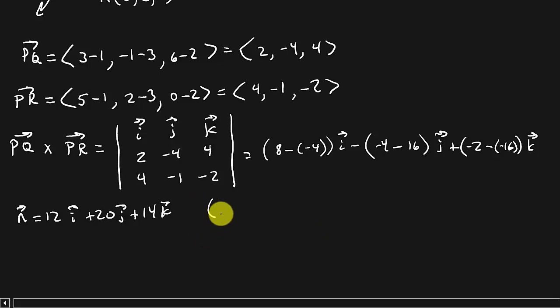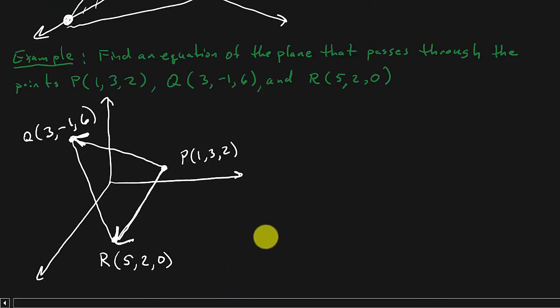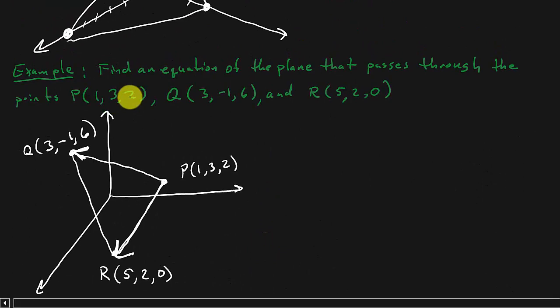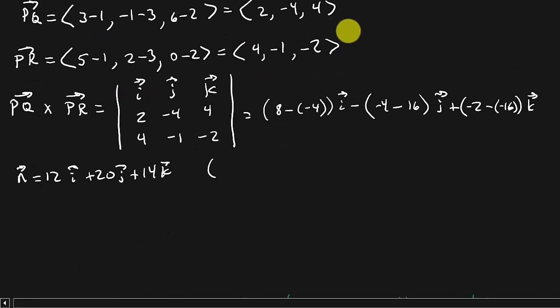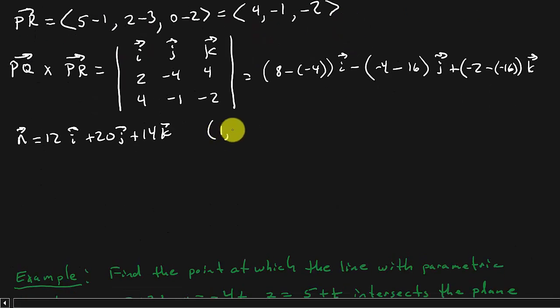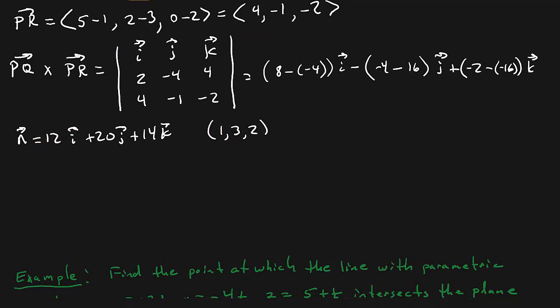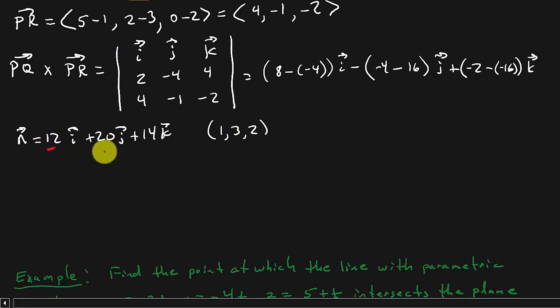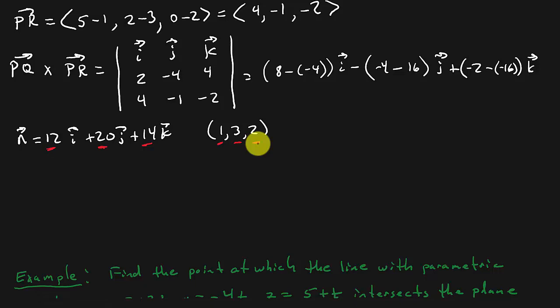I'm going to use this point right here, 1, 3, 2. So look at there. There's A, B, C, and there's your x0, y0, z0.